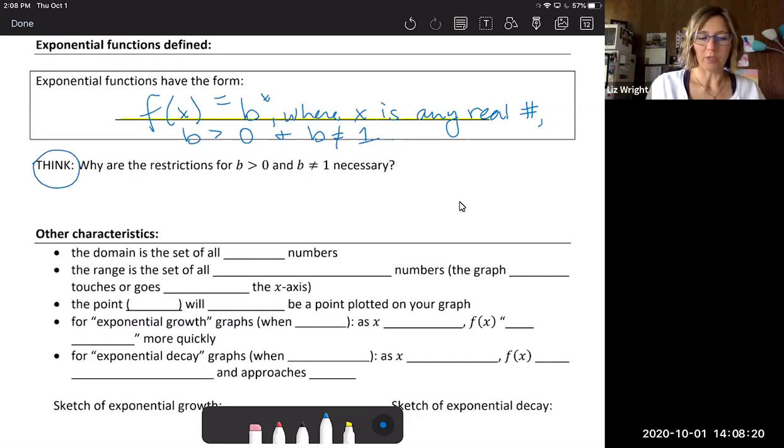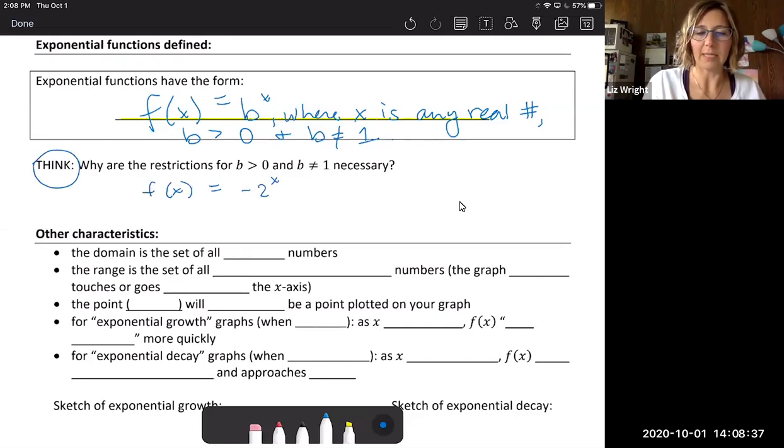And what you can do is think about, well, what's going to happen if, for example, we had a function of x that was -2 raised to the x power.